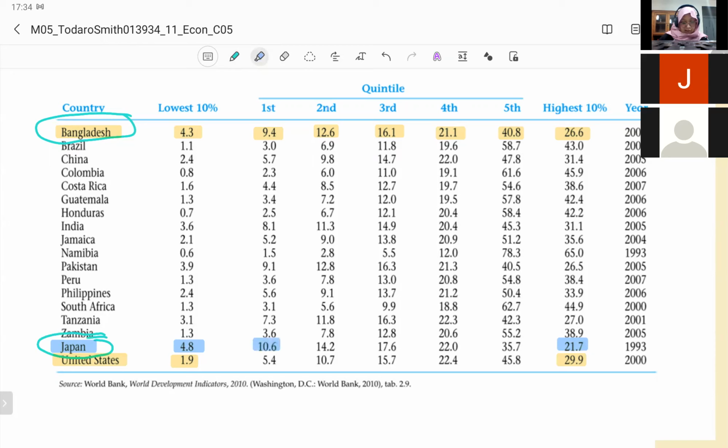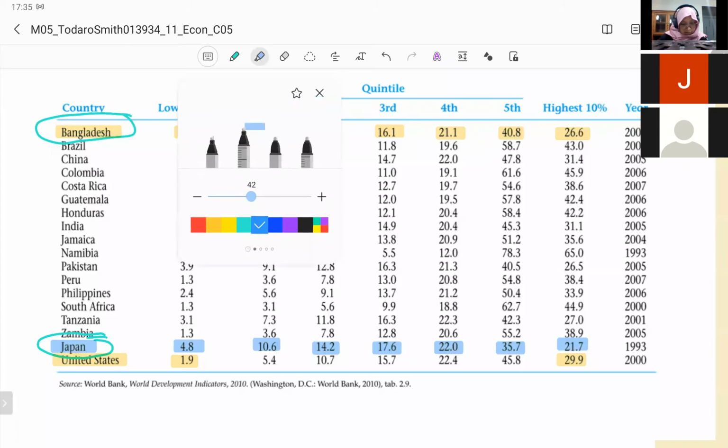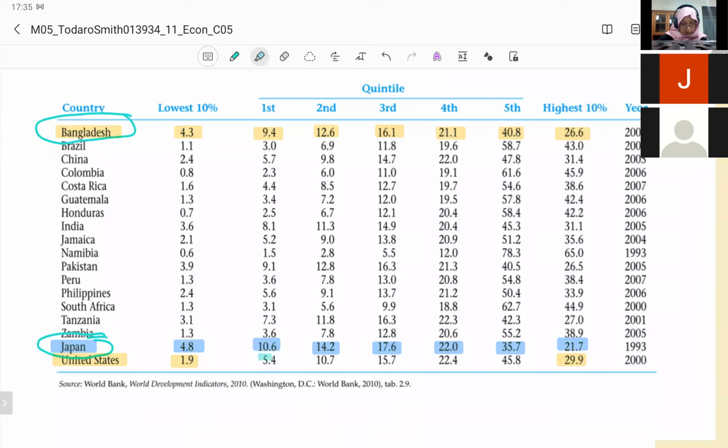The first quintile 10%, the second 14, the third 17, the fourth 22, and then the fifth 35. The difference between each quintile is not very staggering. It's different from the US. Look at the US. The first quintile is only about 5%. Meanwhile, the fifth is about 45%. So the difference between quintiles is quite staggering.